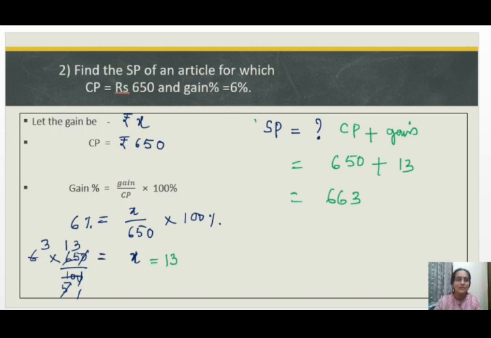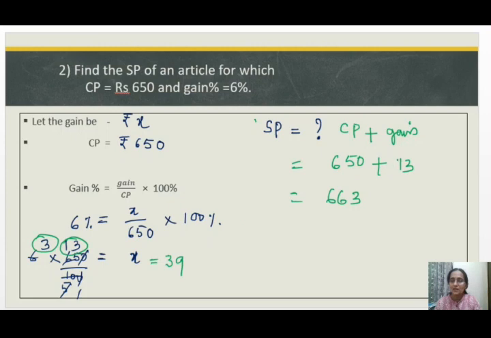Let me erase first. It is not 13, it is 13 threes are 39. You have to multiply the numerator here. The 3 was left, at that time I didn't multiply. 13 threes are 39.